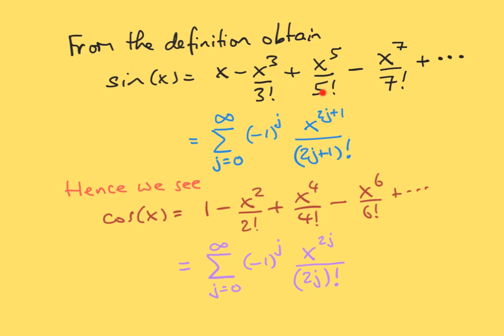The 5 partly cancels with the 5 factorial. So you reduce the power by 1 and you reduce the number in the factorial by 1. So it's x to the 4th over 4 factorial, and that's written here. And that is the structure of the Maclaurin expansion of the cosine, and you can rewrite that as a sum in that way. And with that, I'll stop this video.